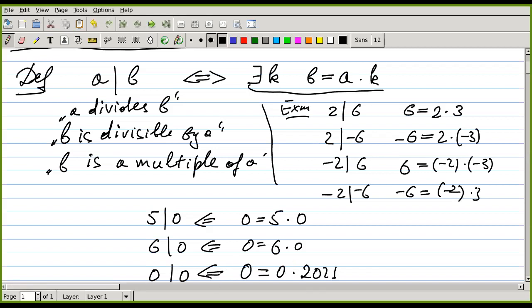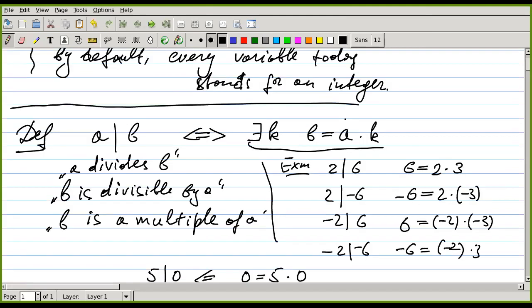0 multiplied by 3 equals 0, isn't it? Can we write that 0 equals 0 multiplied by infinity, for example? What is infinity? Infinity is not a number.